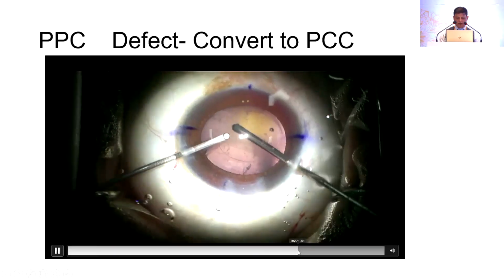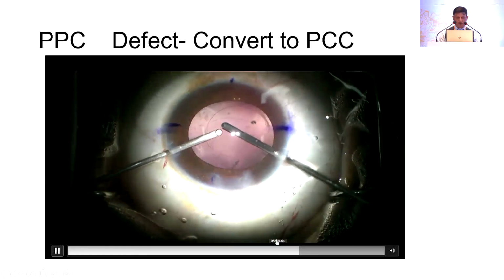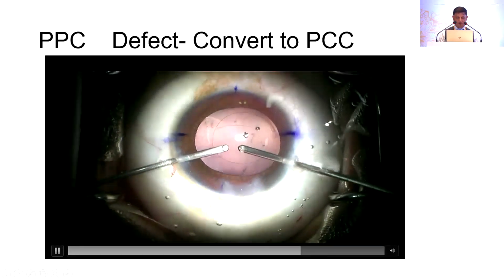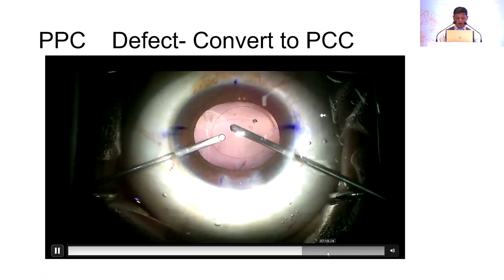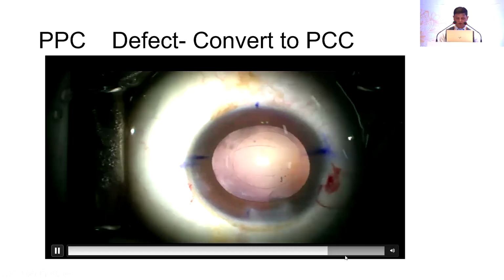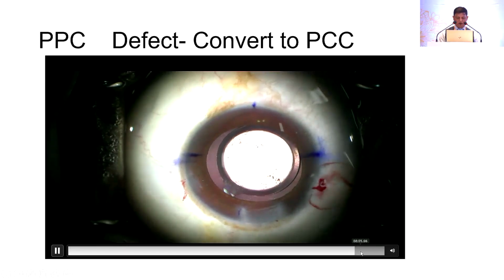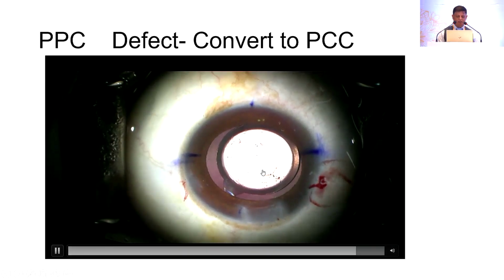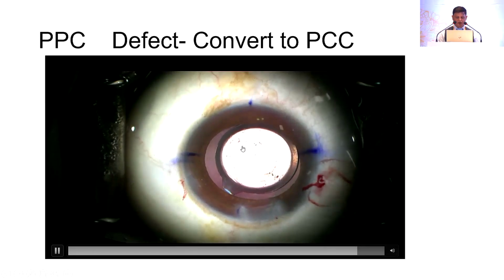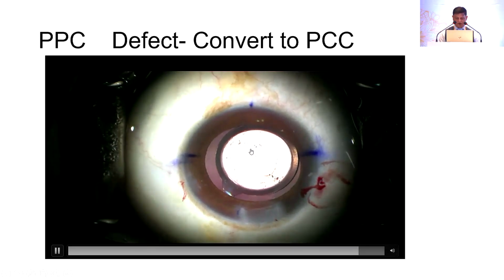See, nicely it is done, and we do the anterior vitrectomy. Once this is all done, we can place the lens again in the bag. So the IOL is placed in the bag, and you can see a well-defined posterior capsular axis converted with the help of a forceps.